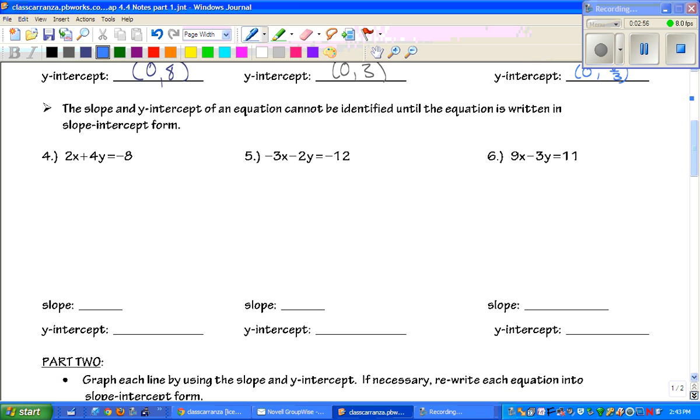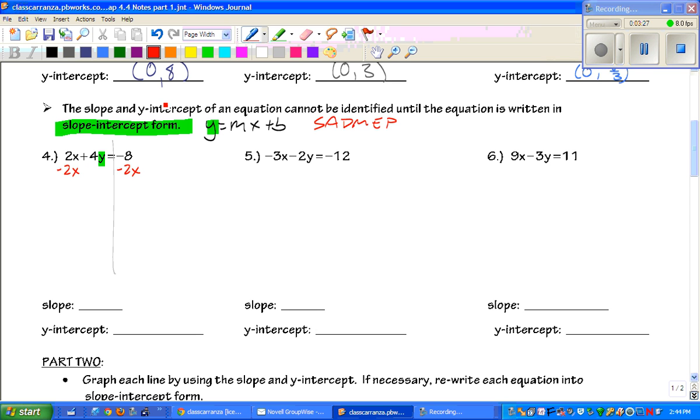Now, the slope and y-intercept of an equation cannot be identified until the equation is written in slope-intercept form. Since the y is not by itself, we have to make sure that it is. So there's the y right there. How do we get it by itself? We do that by SADMEP, the reverse order of operations.